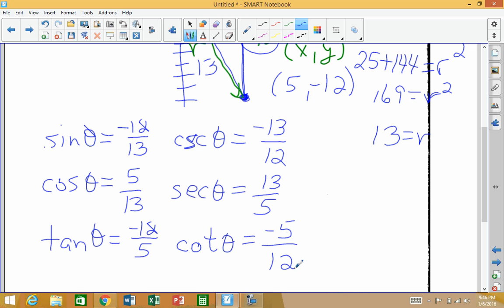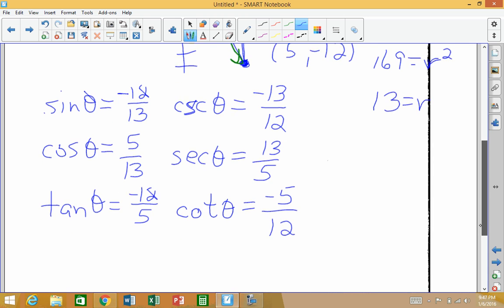All right, so there's our 6 trig functions. So if you have something off the unit circle, don't worry about it. Just go ahead and revert back to your regular SOHCAHTOA trig functions, and you'll be just fine. Okay?